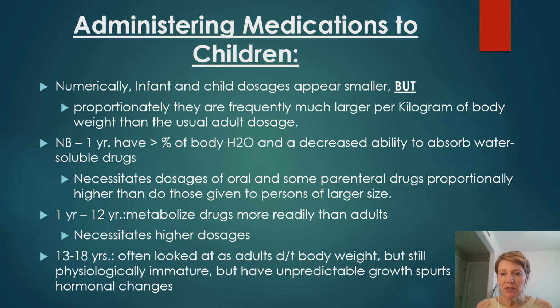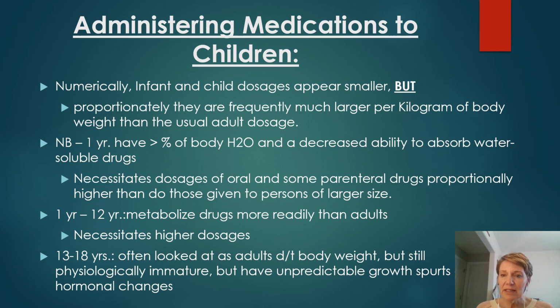So very briefly, when we talk about administering medications to children, infant and child dosages, when we read them, and if you start to look at what we may be giving as we go through the V simulations and you compare those maybe to what you may be given in the adult world, they will seem small. They will seem like very tiny doses.